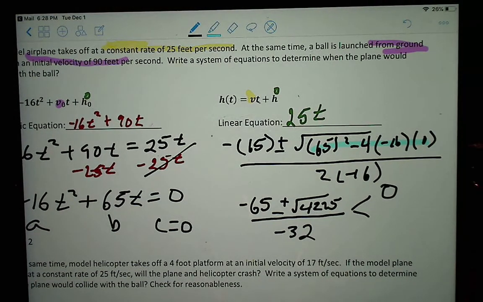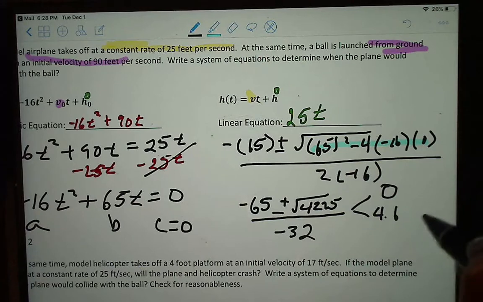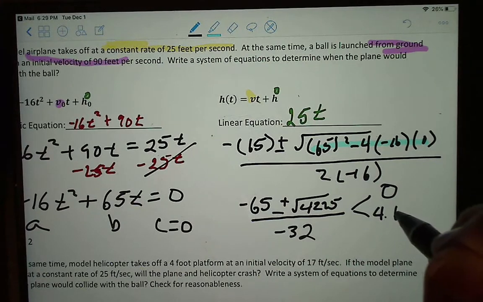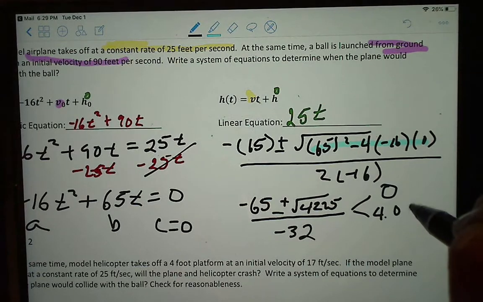I do the same thing for the minus part of this. And I get the second answer to be, I need a decimal, 4.0625. So roughly 4.0625. Okay.